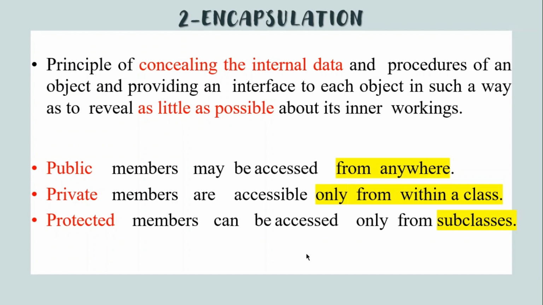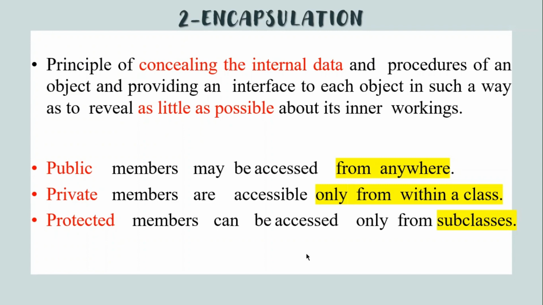So we have three modifiers. The first one is public, and it basically lets the members be accessed from anywhere. Private lets the variables be accessed only from within a class. So let's say that I have a method outside the class.